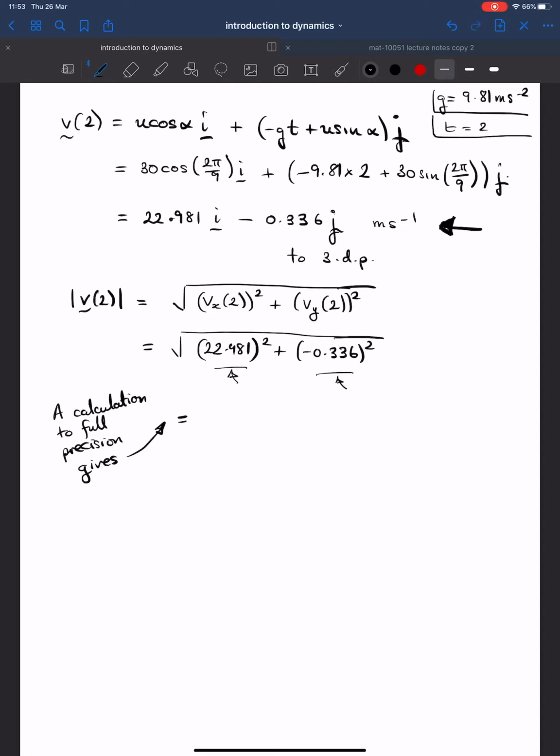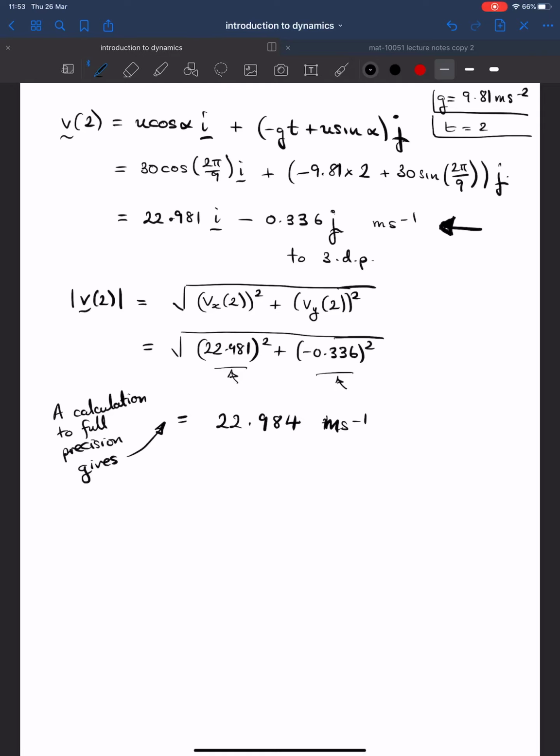So actually, when I do this in the calculator, what I end up with is the following for the speed, 22.984. Now, again, if you're trying to repeat my calculation, and you're looking at the truncated values, and you pop the truncated values into the calculator, you don't get this answer.